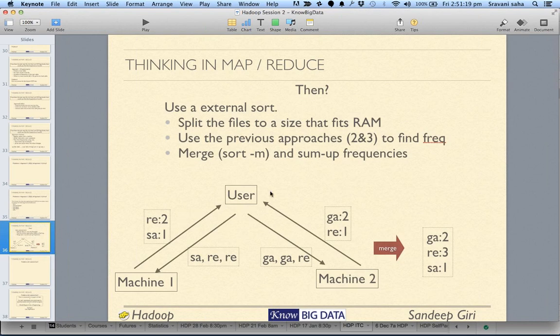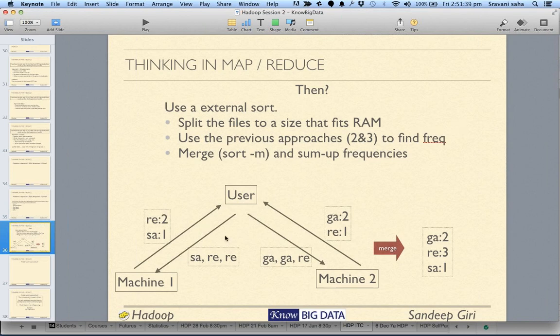So when we were doing it, the user sent the data to machine 1. Machine 1 did work on it and gave back the results. The user also, in parallel, sent data to machine 2. Machine 2 worked on it and gave back the results. So do you see any problem with this?